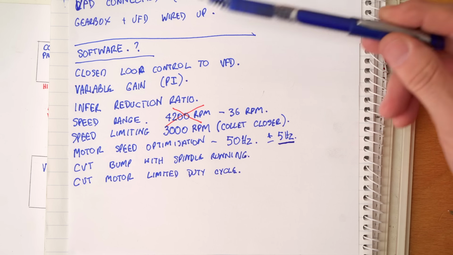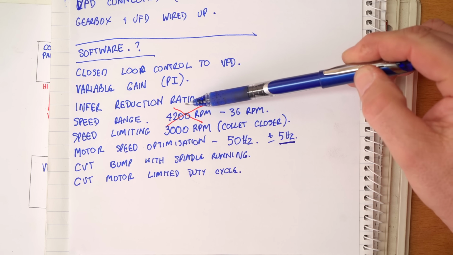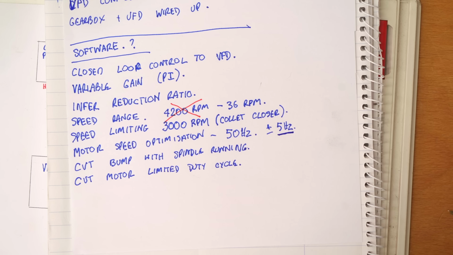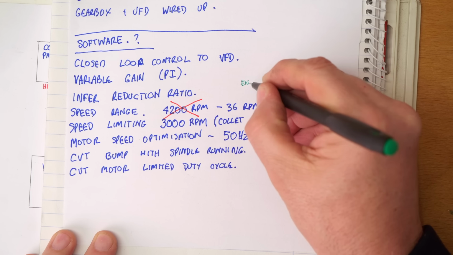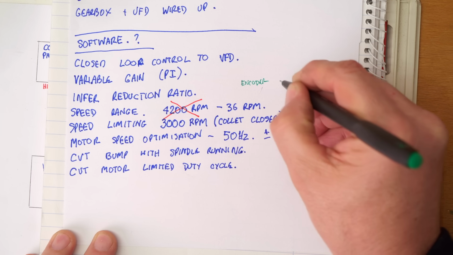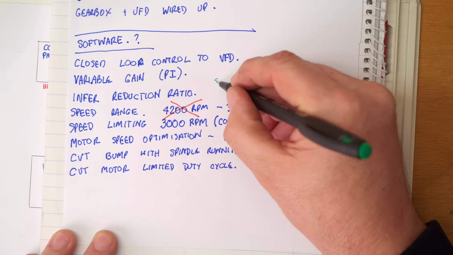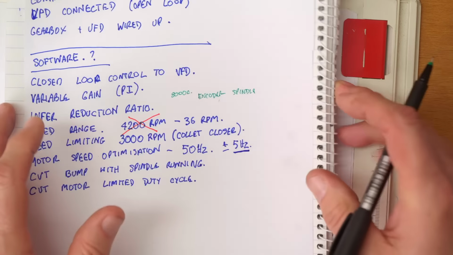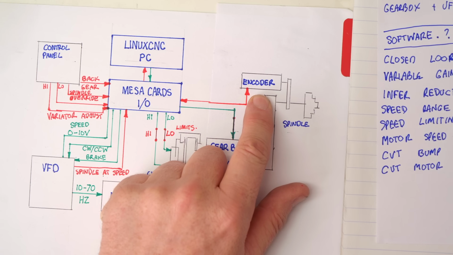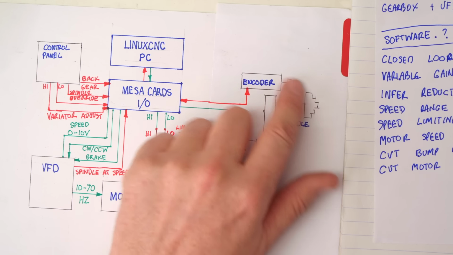The big challenge we have here is how do we work out the reduction ratio? On the one hand, speed out is easy, right? Because we've got an encoder on the spindle, and I think it's an 8,000 count encoder in quadrature. So we have a very accurate measurement of output speed at all times.